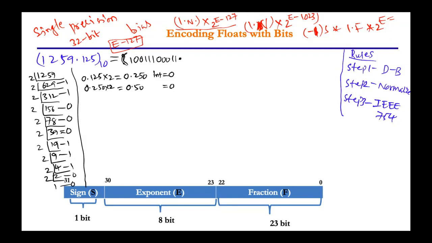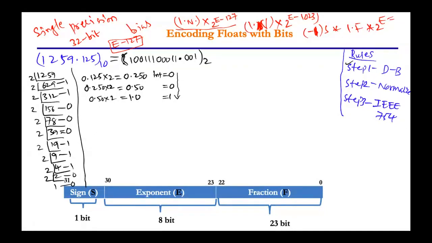From here the integer part is 0. Then 0.50 multiplied by 2 gives 1.0, and the integer part is 1. It is written in the same computational order, so that is 001. That is the binary equivalent of this decimal. So the first step is over.